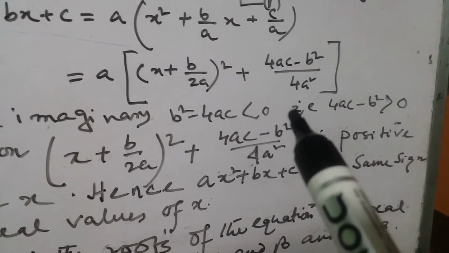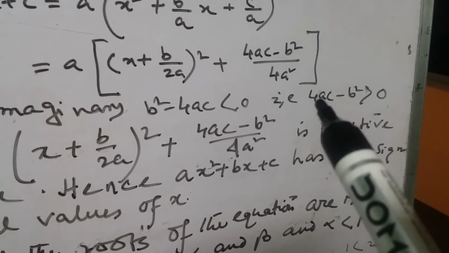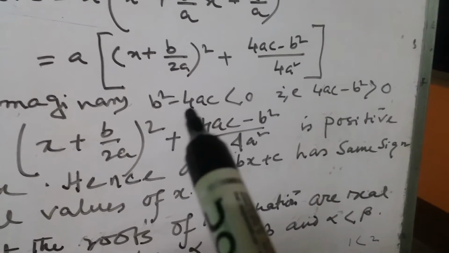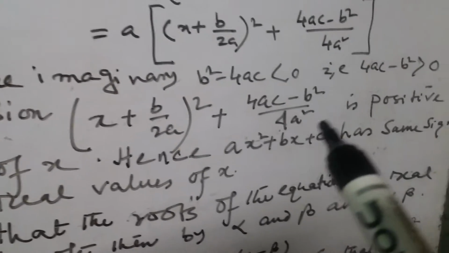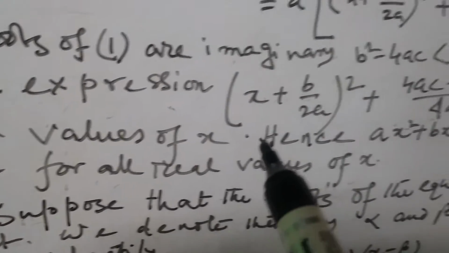Here 4ac minus b square is greater than 0. So hence the expression is positive for all real values of x.